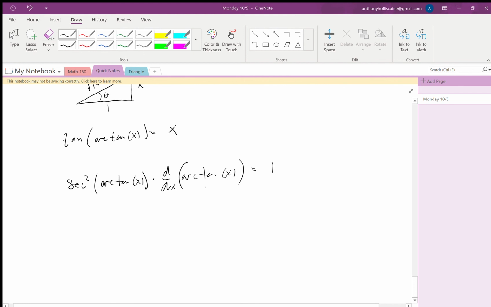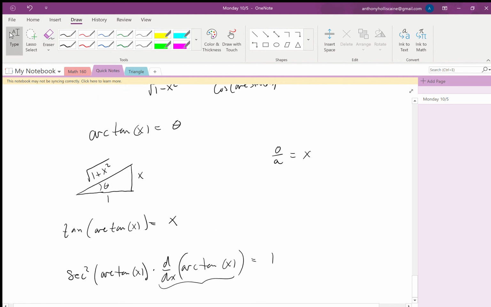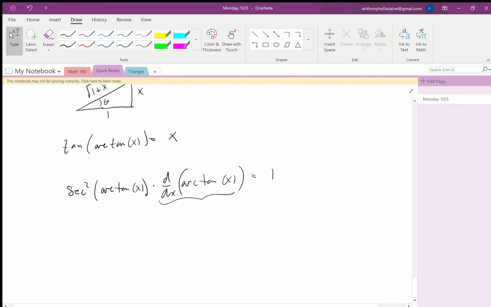So again, this is the thing we're trying to solve for. We have this function arctan x, and we're trying to take its derivative. And I could write, and it's a true statement, the derivative of arctan x is 1 over cosine squared arctan x.